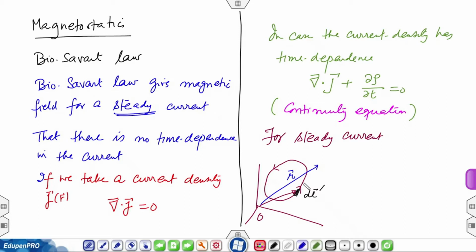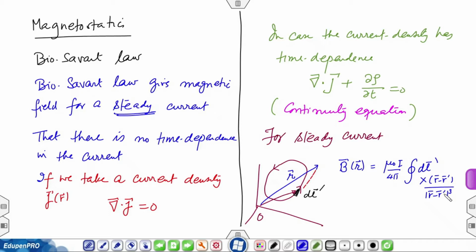Connect a line from here to here, then magnetic field at r is given as mu naught I over 4 pi integration dl prime cross r minus r prime over r minus r prime cubed.